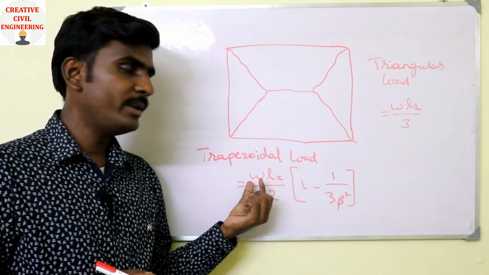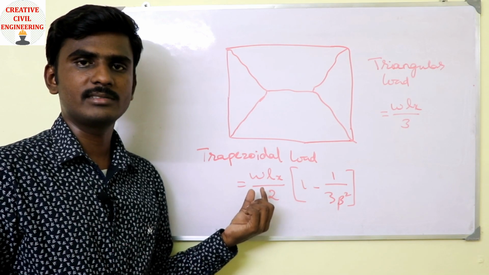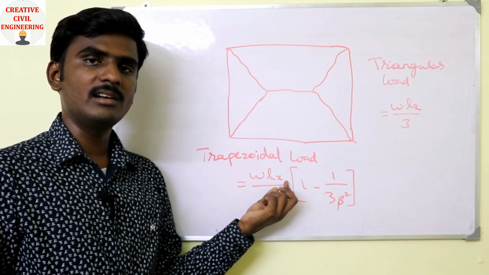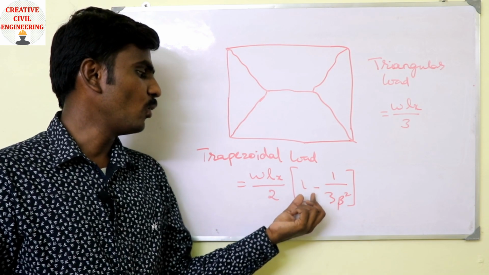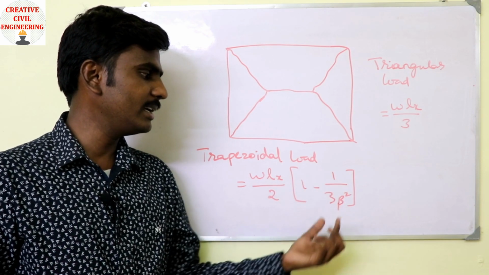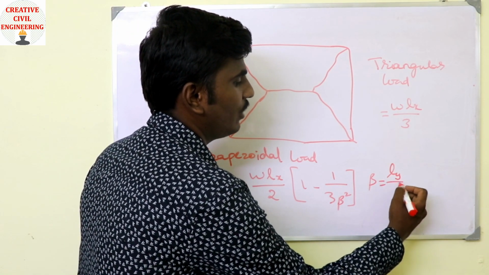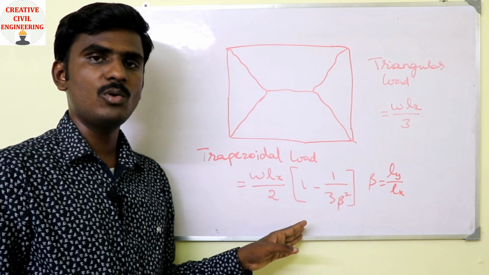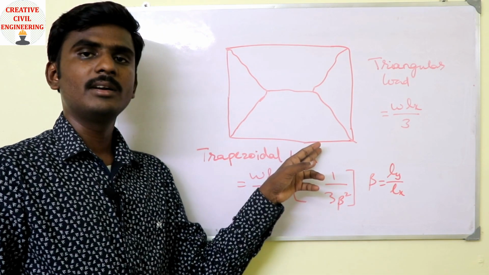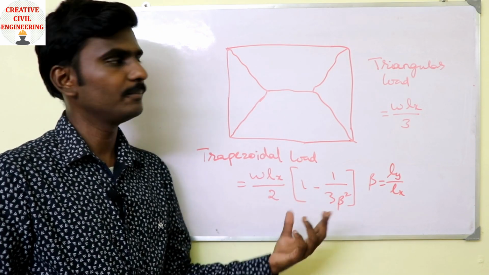Here W means the total load acting on the slab, including the self weight of the slab. Lx means, as I already said, the shorter span. Beta means the ratio between Ly and Lx. Using the formula, we can find the load acting on the beam due to the trapezoidal portion.